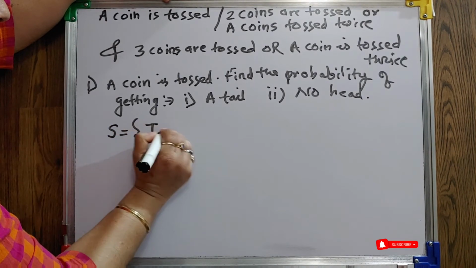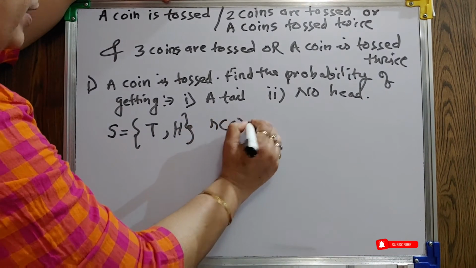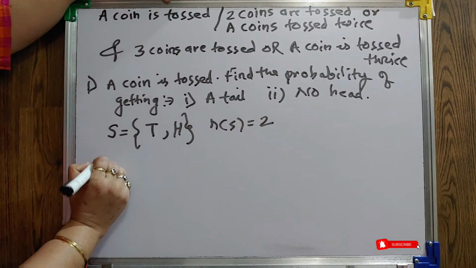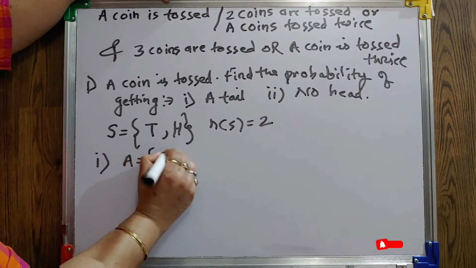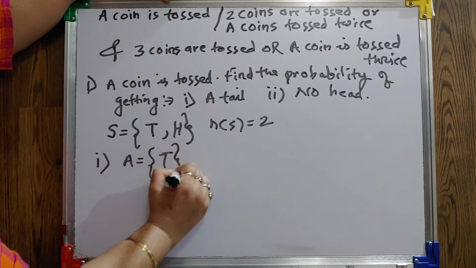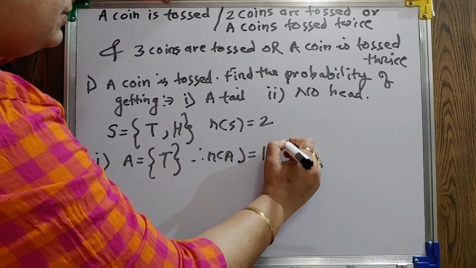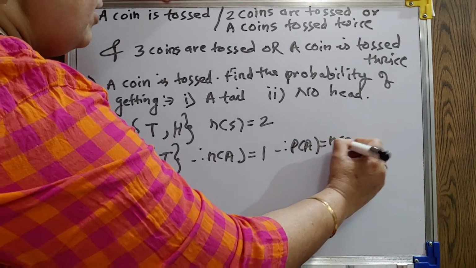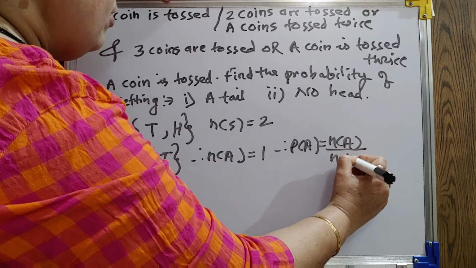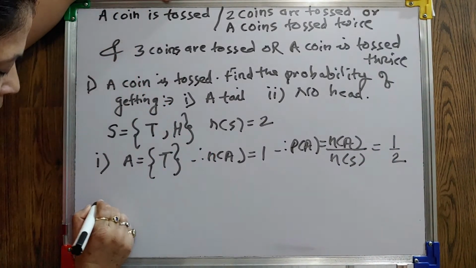Your sample space consists of tail or head, 2 possibilities. So your N of S is 2. First part, a tail. So only tail will come. So my N of A is 1. Therefore probability of A, which is N of A upon N of S, 1 by 2.